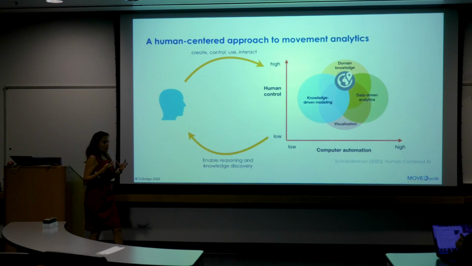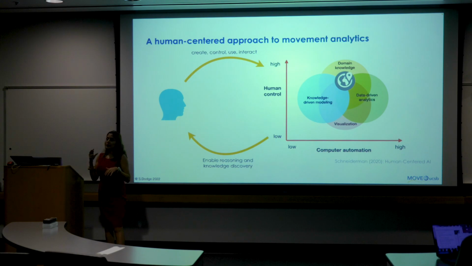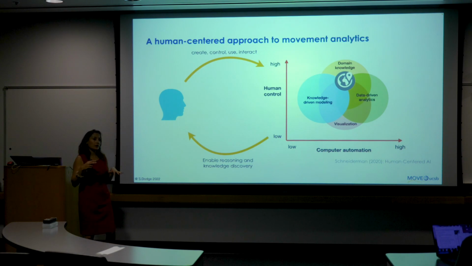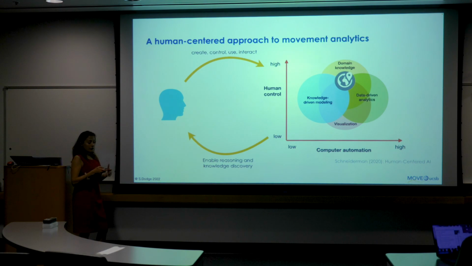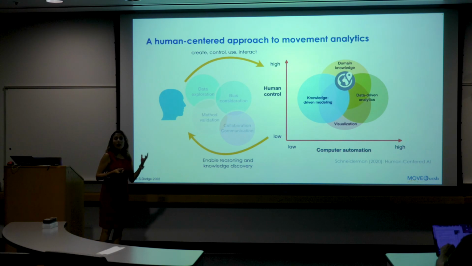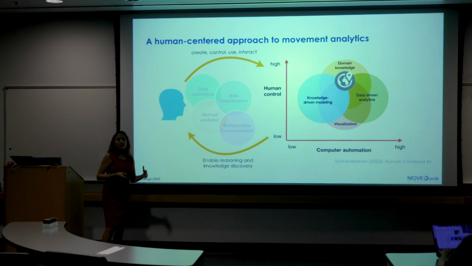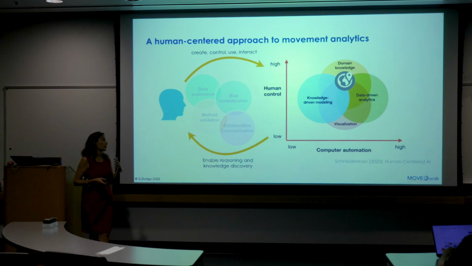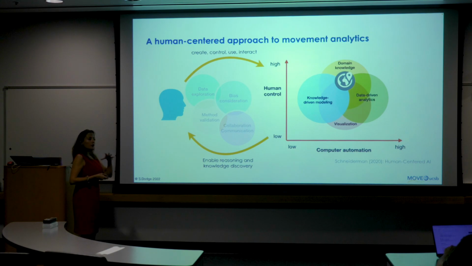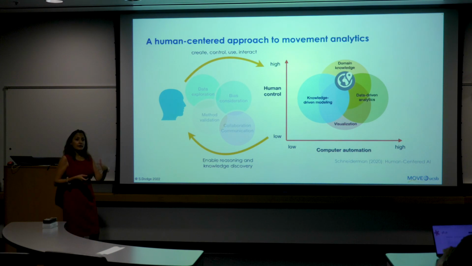In this framework, it is important that our tools, our data-driven analytics, our machine learning and AI algorithms provide means for the human in the loop to interact with the data, explore the data, and even maybe monitor the work process of the algorithms we develop, in terms of ensuring that bias is considered in the data and in algorithms, and also for the validation of the methods. Providing flexible tools for us as analysts and data scientists to interact with the data is very important.